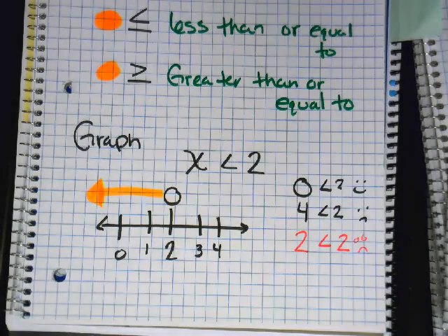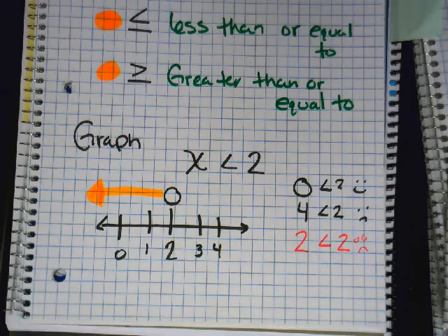No. So that's the reason, very good, Jade, we do not have a closed circle. The closed circle is referring to the equal to part, meaning this is a possible answer. Is this a possible answer? No, it's not, because I don't have that equal to part. It's like a placeholder, like where we're starting, but technically 2 is not a possible solution.